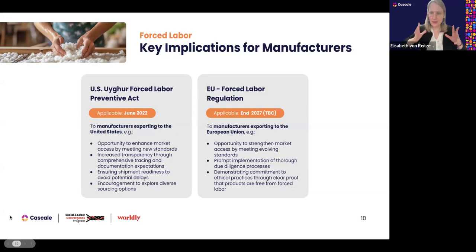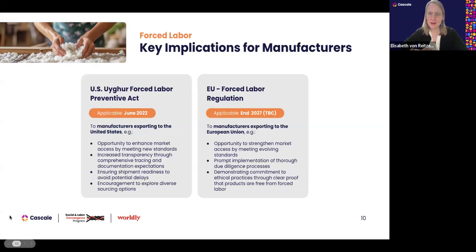We expect the text to apply at the end of 2027, or as of 2027. It differs from the US Act because it's an EU ban on imported goods made with forced labor, regardless of the origin. It doesn't matter where produced. If there's forced labor, the products will not be permitted in the European Union.